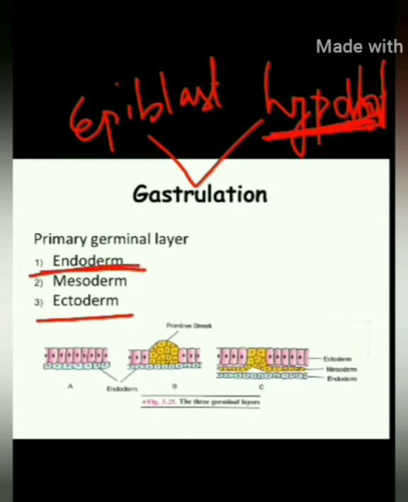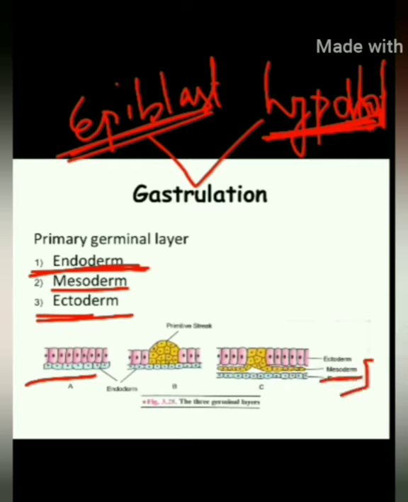But the epiblast cells make both the mesoderm and the ectoderm. So these are the germ layers. You can see the endoderm, and from the epiblast layer, a primitive streak elevation comes, which proliferates to make the mesodermal layer. So this is how these three layers form.